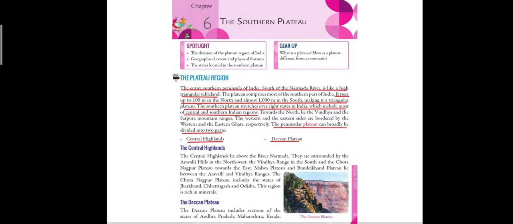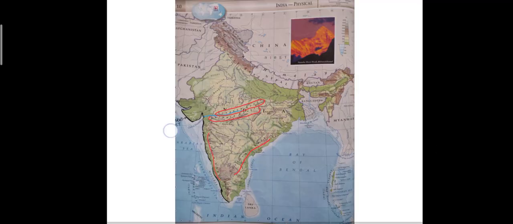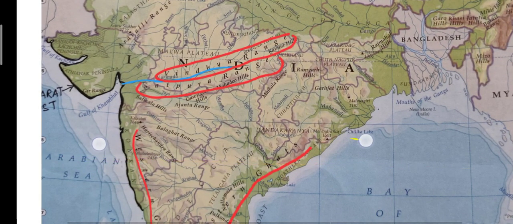So it is telling that the entire southern peninsula of India to the south of river Narmada is like a high triangular tableland. So if you see here, I have underlined river Narmada with blue color.